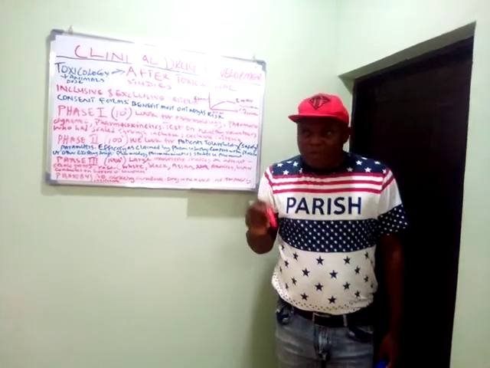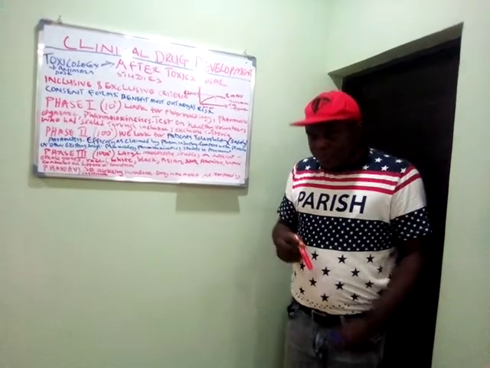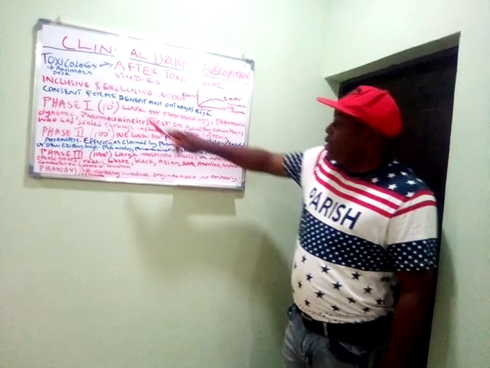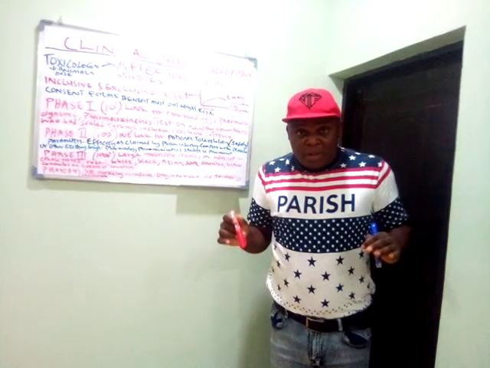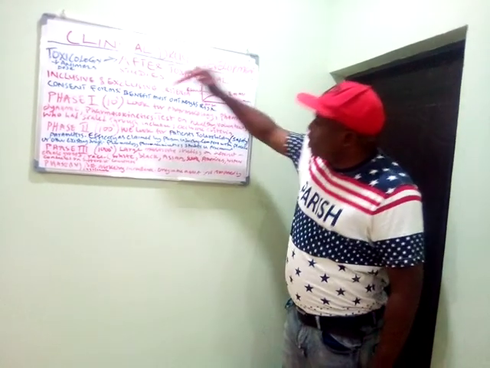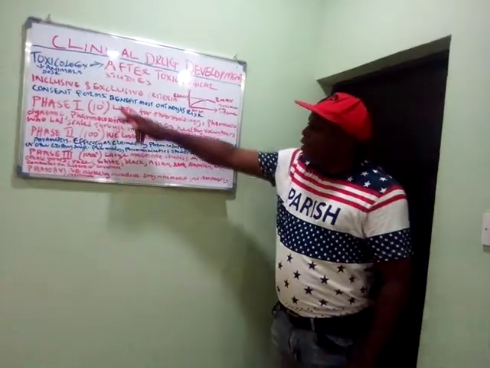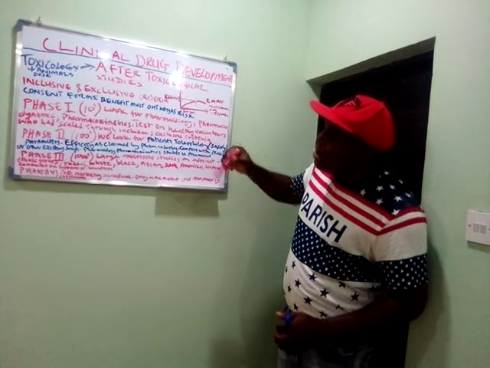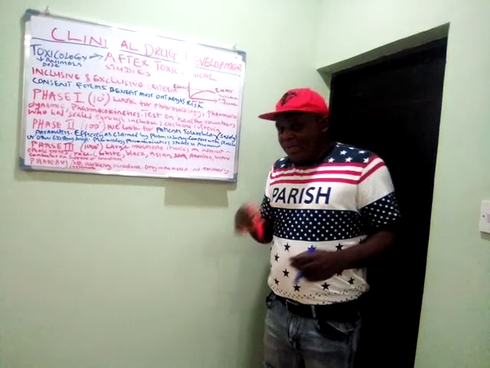Whether the patient or the healthy volunteers, they must willingly, without any type of intimidation, be able to sign the consent forms. So if you freely and willingly sign the consent forms, that means you are not under intimidation.